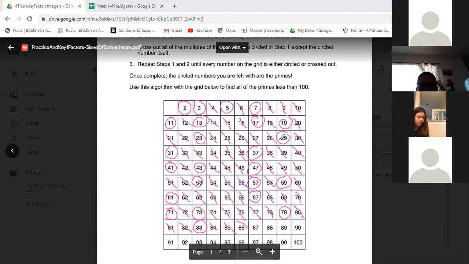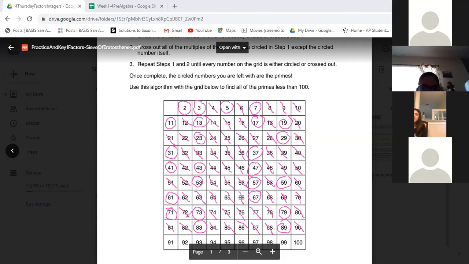Circle 87. You sure? Oh no, cross out 87. There you go. Cross out 88. Circle 89. And cross out 90.